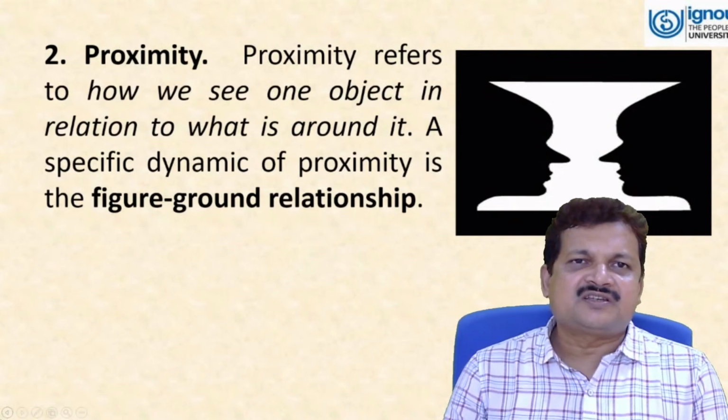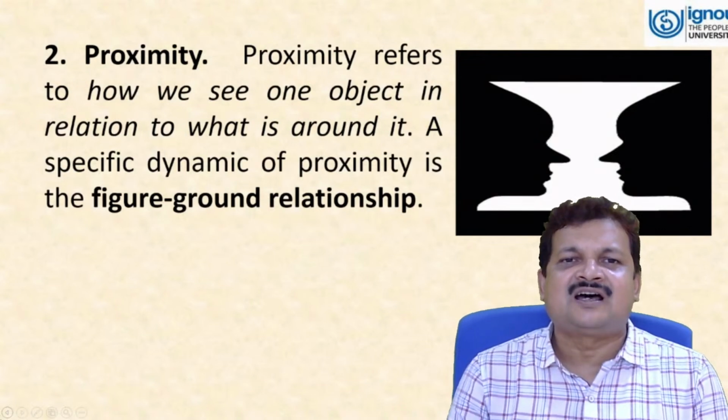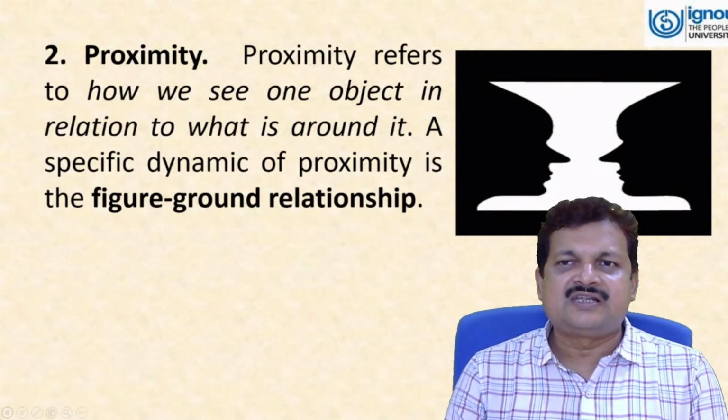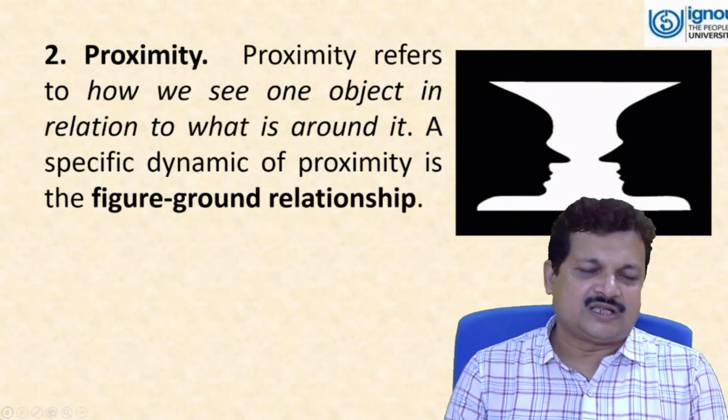Proximity. In proximity cases, we have seen how people make products similar or dissimilar, and here you can see that the same product can be observed in 2 different ways.